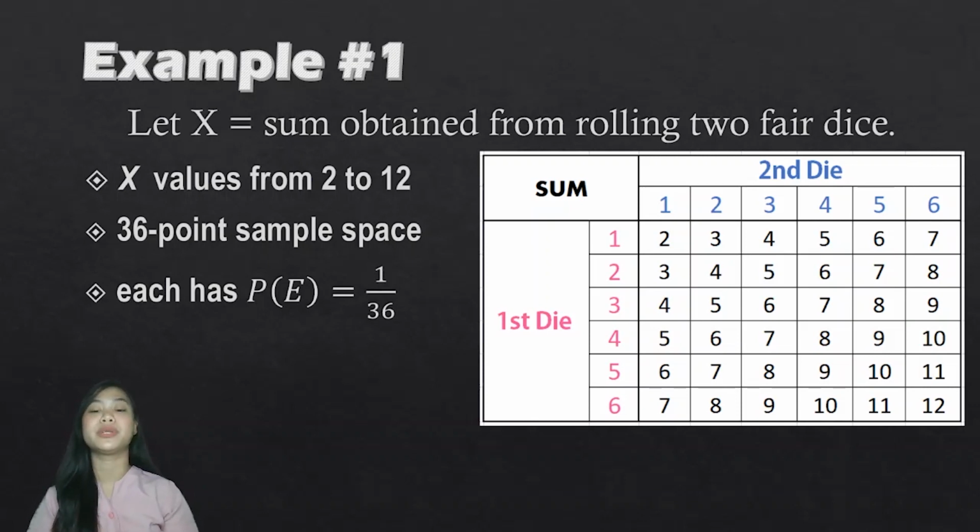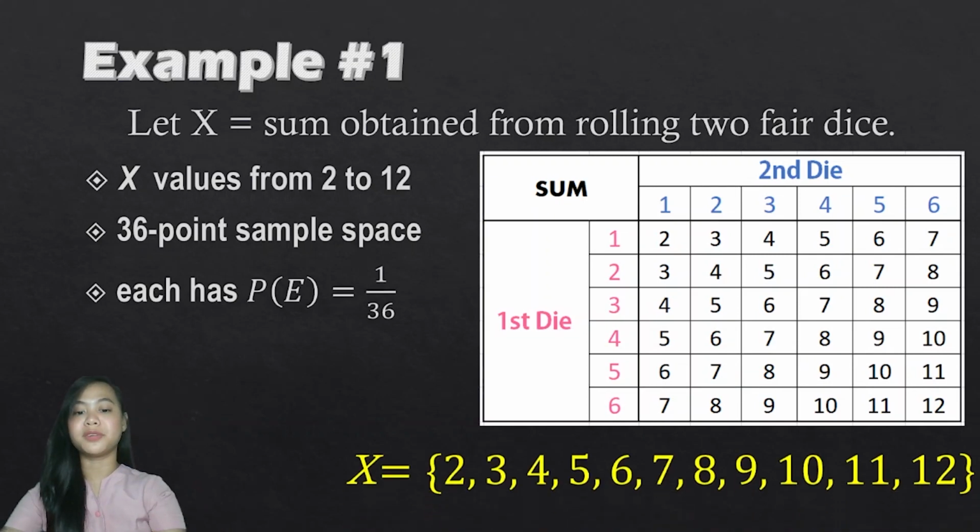Why 1 over 36? Because the total number of possible outcomes is 36, and each one is a single occurrence or event. We already have the formulas for probability notation also. That is just the same.